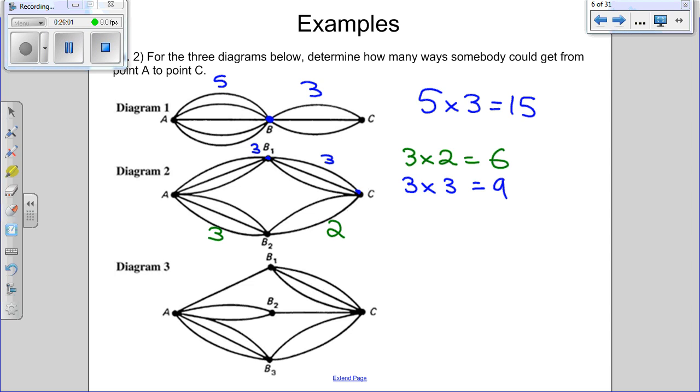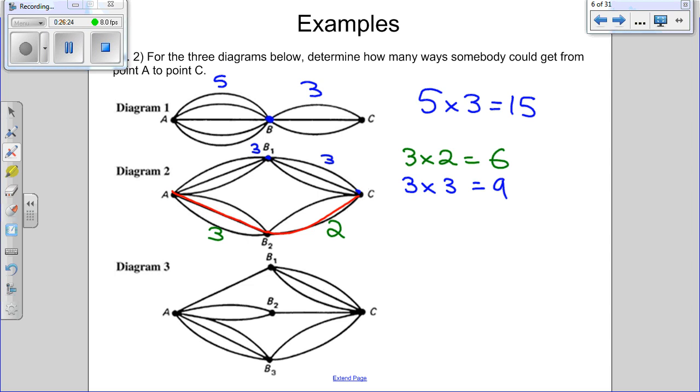But would these 6 ways be affected by any of the choices on the top that were made? No, they're completely separate, right? If I go this route, and I draw in red, straight through, and up, I'm never going to use any of the routes up top. So those top routes aren't going to be multiplied by me.